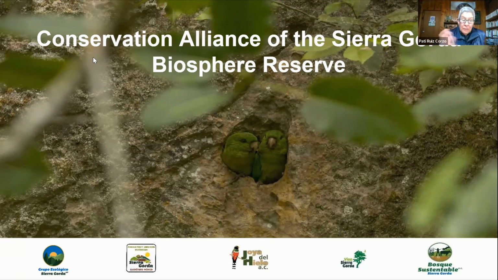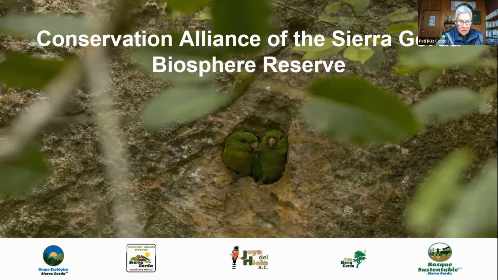So we began as a Grupo Ecológico 35 years ago, and we have 4 more sister organizations working in different projects. Sierra Gorda supports every micro tourism entrepreneur we may strengthen.